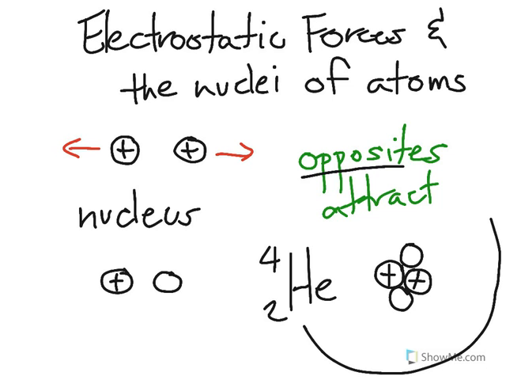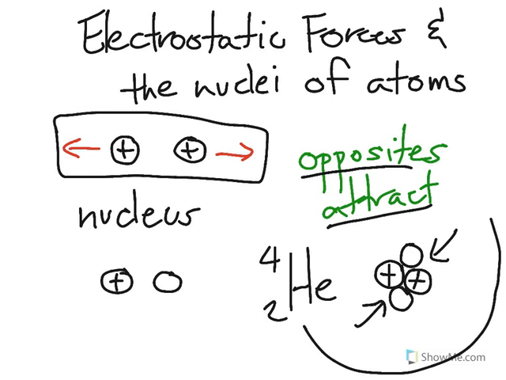Now think about that really quick. If we know that opposites attract from conventional wisdom, why is it that inside the nucleus of any atom, for that matter, the protons are actually held in close proximity to each other? Shouldn't these be repelling each other, from what we know about electrostatic forces?